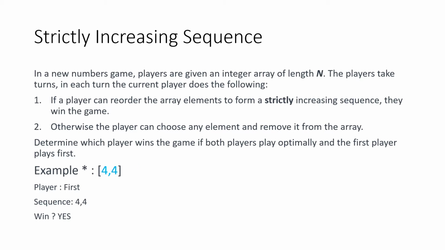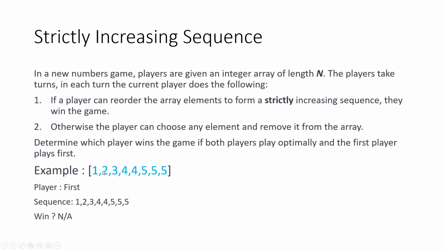So let's take a different example where there are duplicate values. According to the previous one, your target is to create an array with two identical elements. To create such an array, there are 8 elements in this array, so you should remove 6 elements. If you play optimally, this is what you should do.